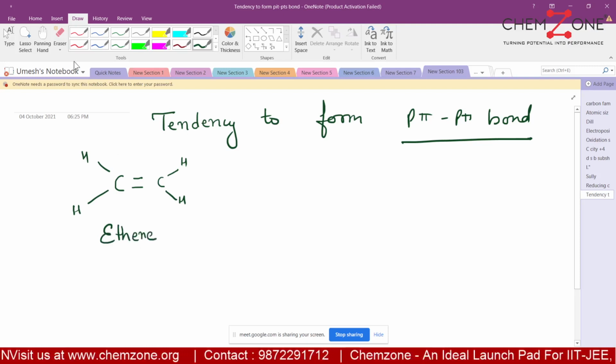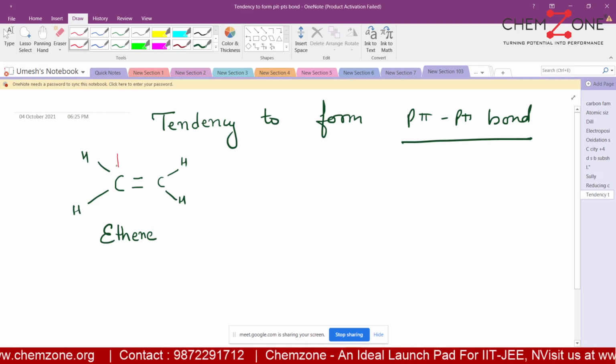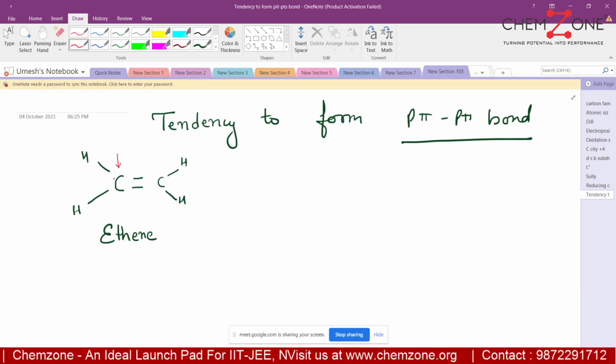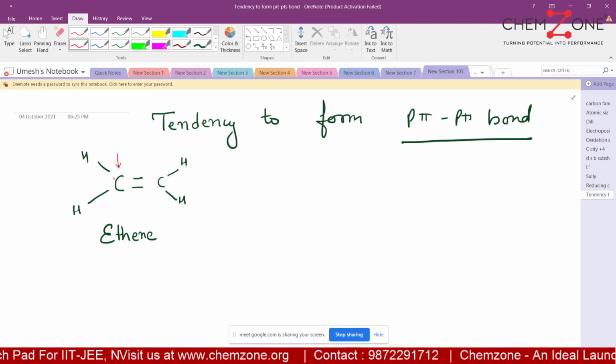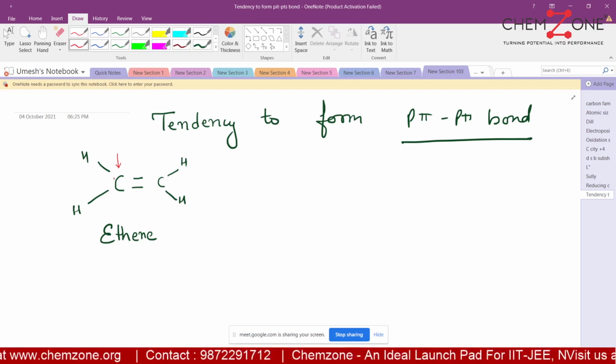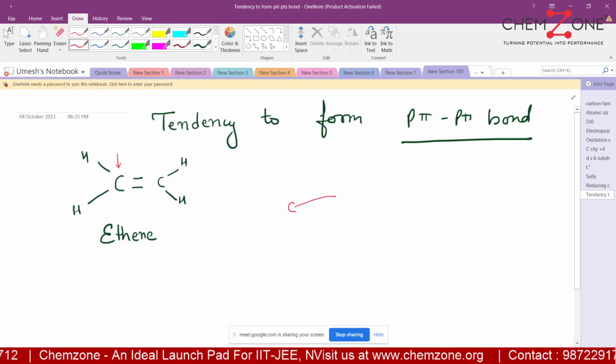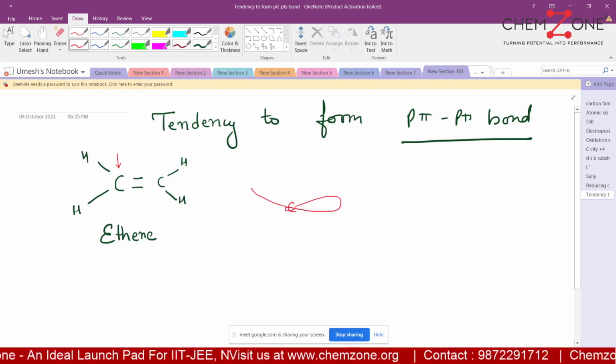Can you tell me what is the hybridization of this carbon atom? sp2. Good. Since it is sp2, I can make a geometry that is trigonal planar.